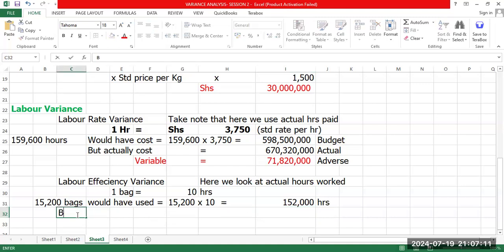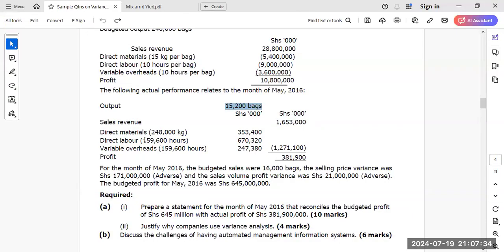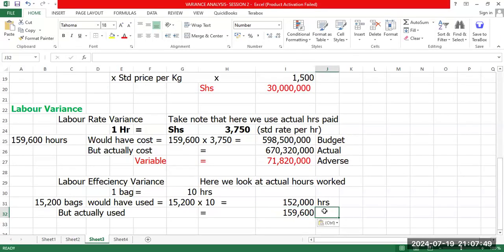But these workers actually used how many hours? They actually worked for how many hours? Are you given that directly? They actually used how many hours? These ones. So the question is, are your workers efficient?